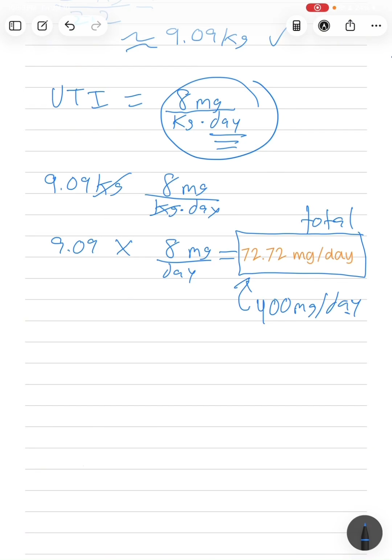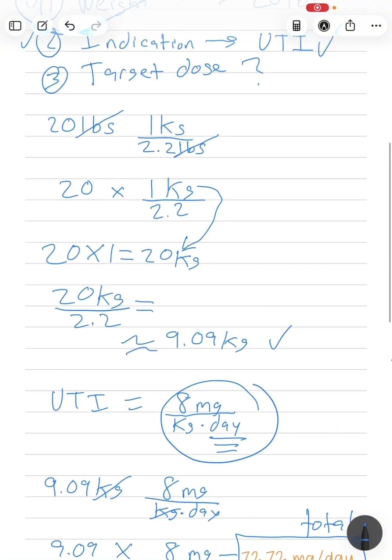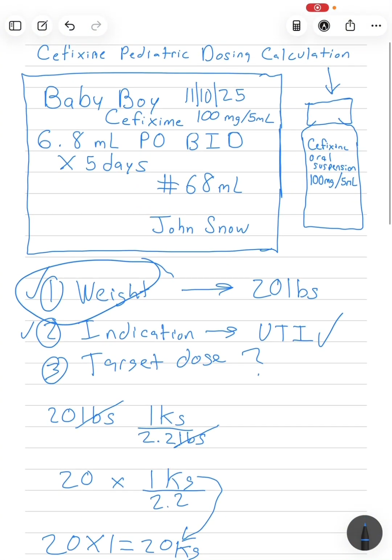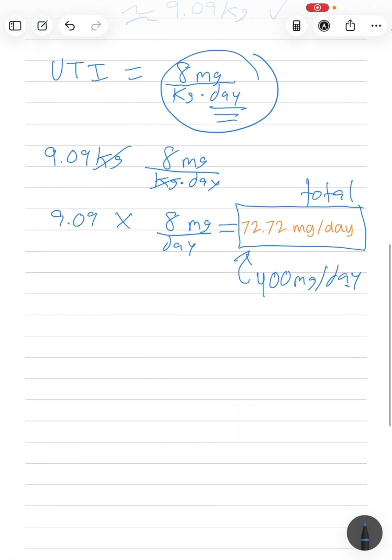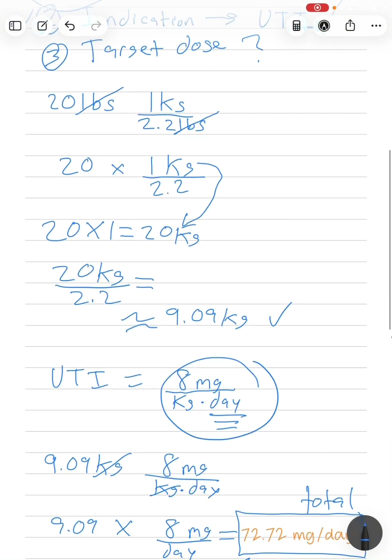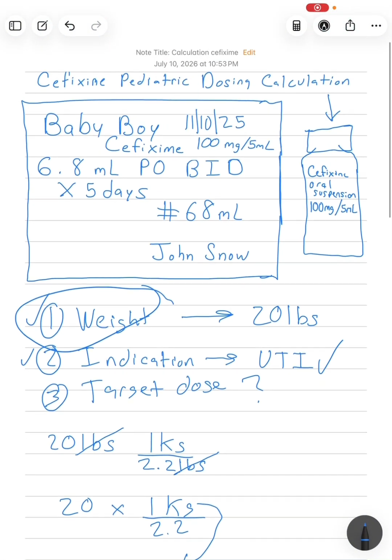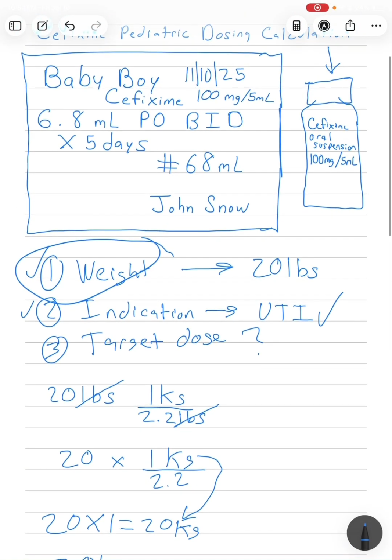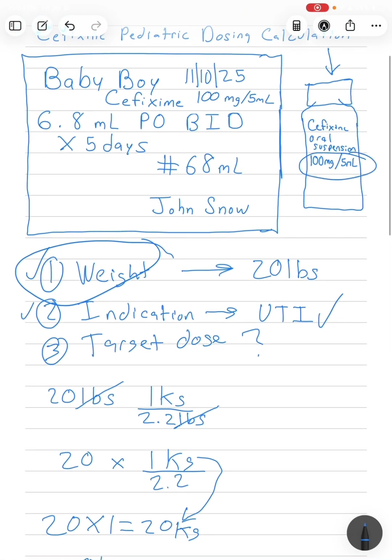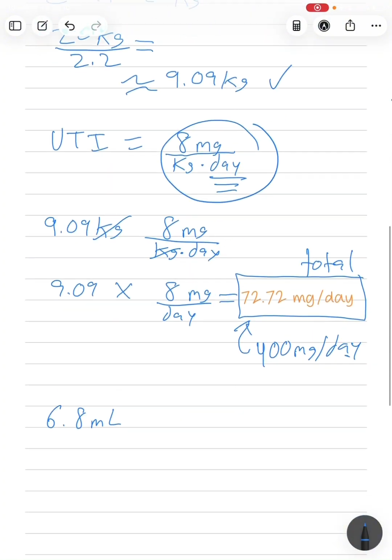Now let's go back to our original prescription. Our original prescription stated we want to give 6.8 mLs by mouth twice a day. And the concentration of the medication was 100 milligrams per 5 ml.